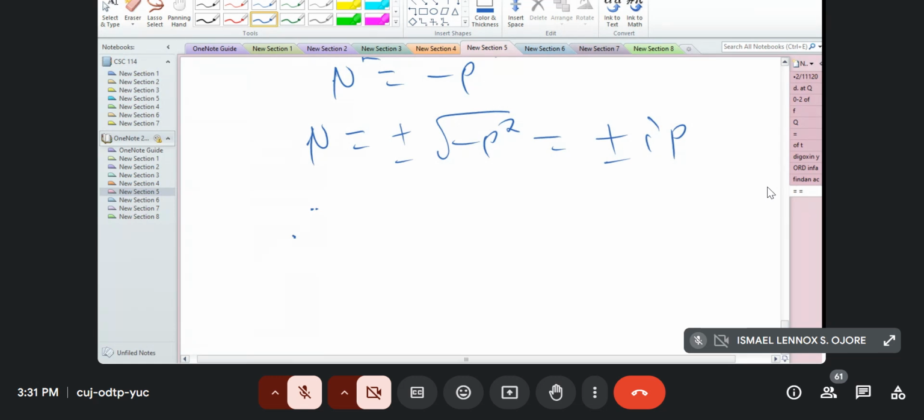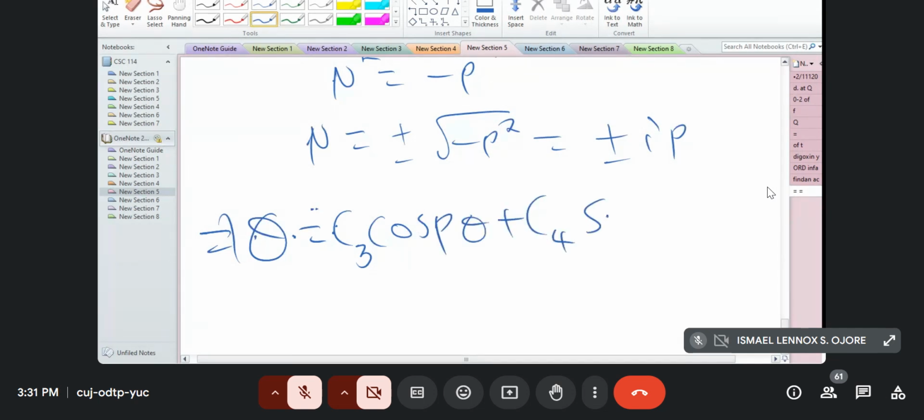But our alpha is 0 in this case. So this implies our theta will be some two constants. Did we use C1, C2? Maybe we can use C3 cos p theta plus C4 sine p theta.